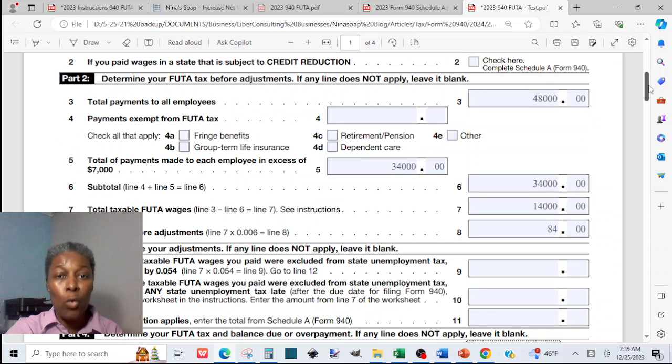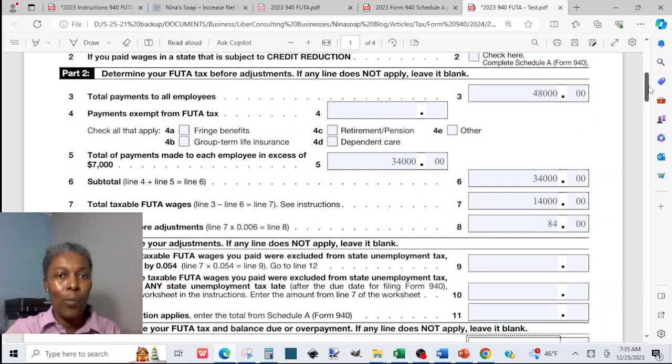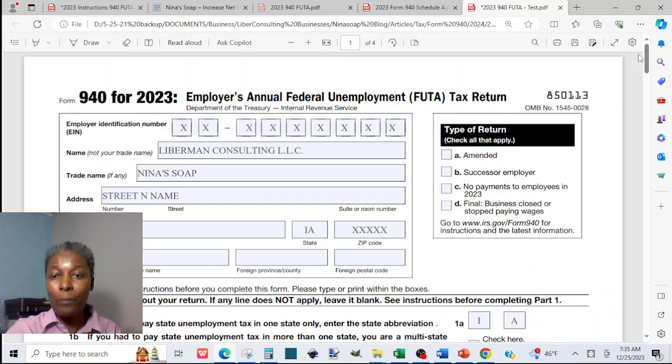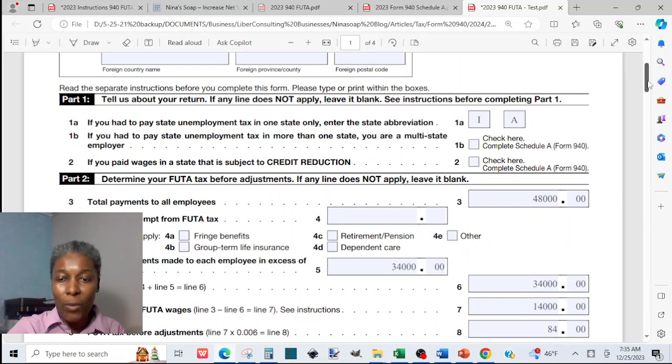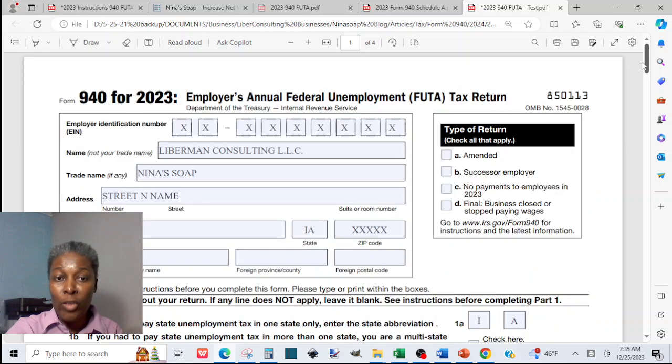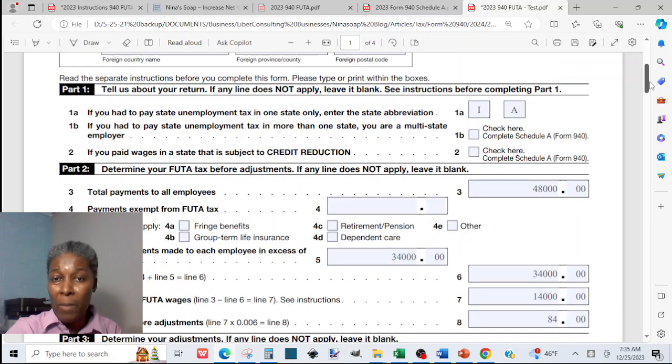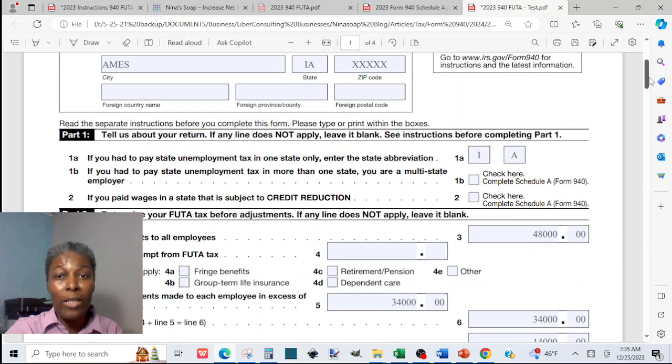Because you'll have recorded that data properly, it'll be easy for the tax preparer or the tax professional to file your return accurately for you. Because again, you are responsible for the return, whether somebody files it for you or not. You sign it, therefore you are responsible for what is on it. And if you hire a third party to file the return for you, you need to make sure you agree with what is on it. They file it for you, they make the payment, and you agree with what is on it.